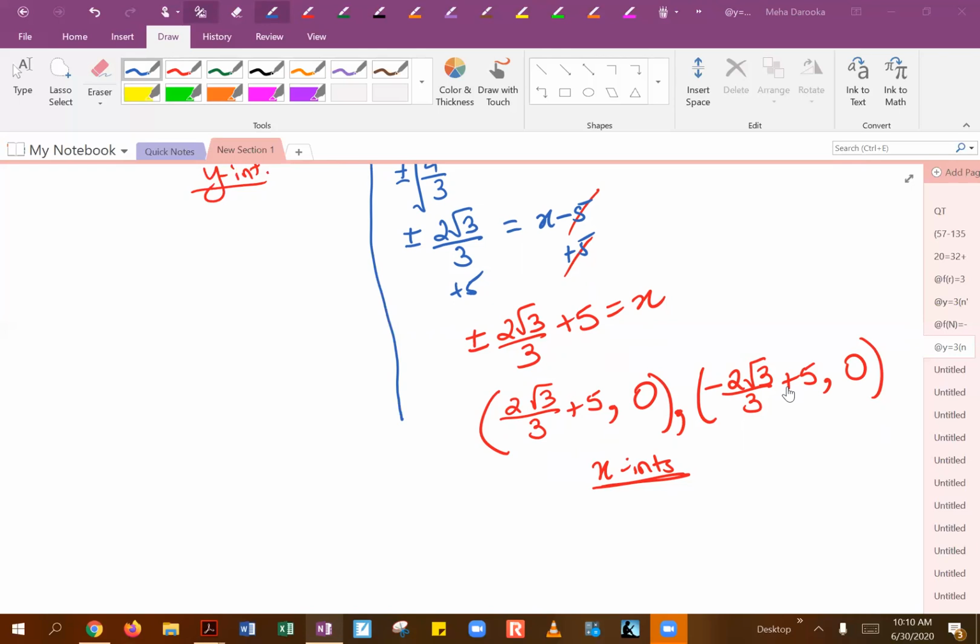Okay, Clinton, you've got 1.154. Okay, 1.154700053. So about the same answer as Clinton. And for the other one, because there should be one with the positive 2 square root of 3 over 3 and one with the negative 2 square root of 3 over 3.